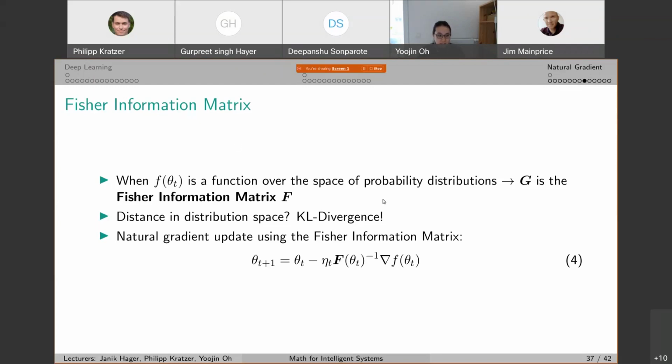So the KL divergence measures how close a distribution is to another distribution, when we're concerned about how the output distribution changes based on the prior distribution. So the natural gradient updates can be used with the Fisher information matrix as the distance measure.